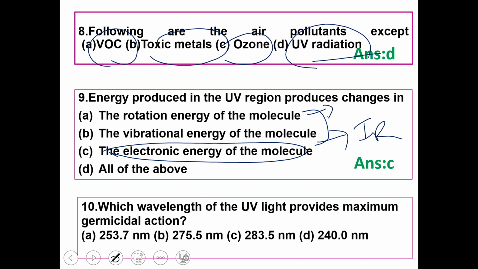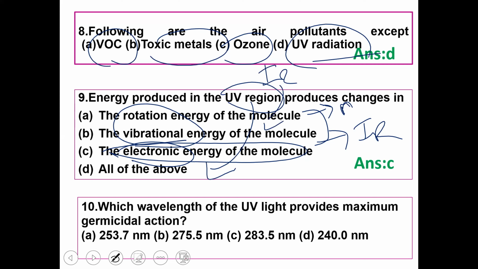Rotational energy is favored in the case of microwave, like Raman spectrum and so on. So these two are exceptions. Electronic energy is the major energy explored during UV-visible absorption. So when you say UV region, you have to pick electronic. When it is IR, then you have to move towards the other options.